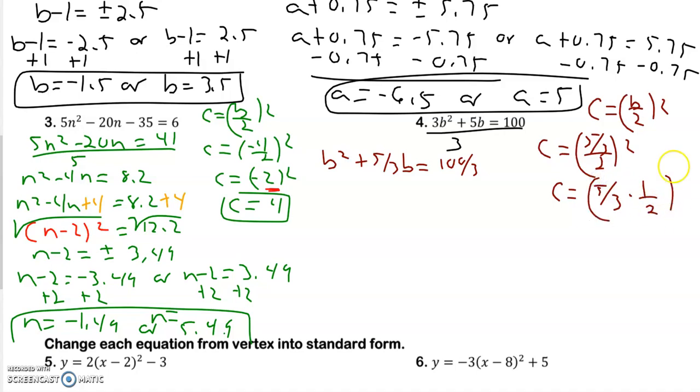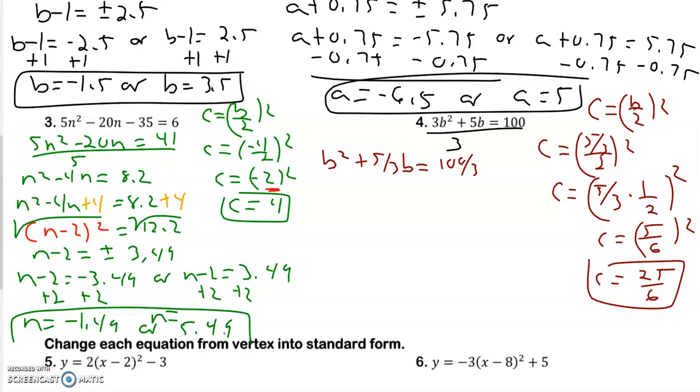Then you multiply across, and you get c equals 5 over 6 squared, or c equals 25 over 6. This is my magic number, and this is the one that goes underneath the radical.